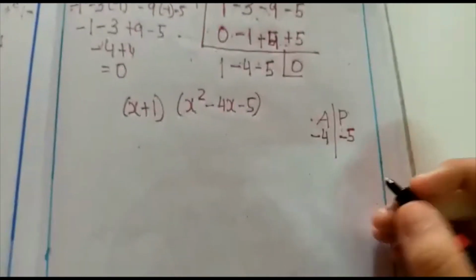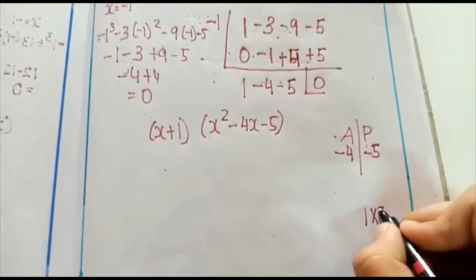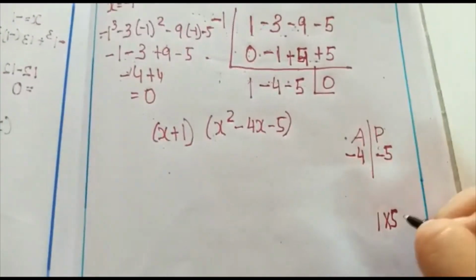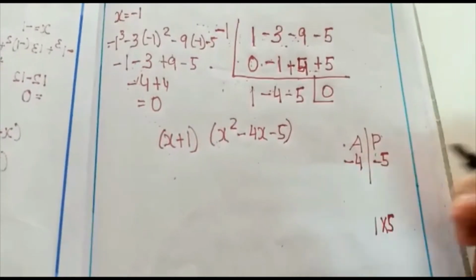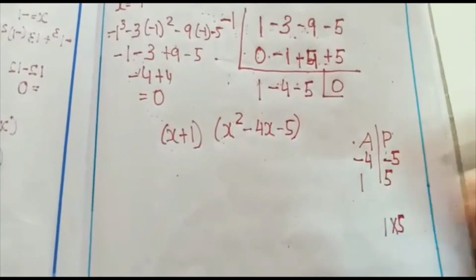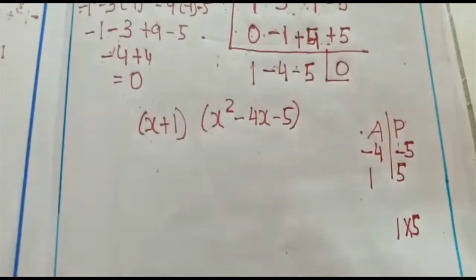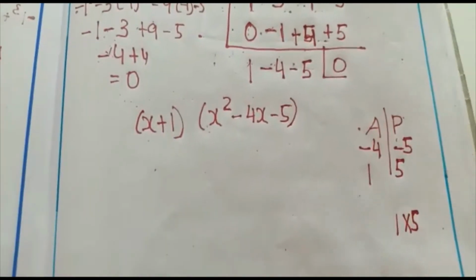So the factors of 5 are 1 and 5. It's a prime number. So obviously 1 plus 5 minus 1 is 4. It can even be subtraction. So we write 1 and 5 here. But now you see, 1 into 5 is not minus 5 and 1 plus 5 is not minus 4.